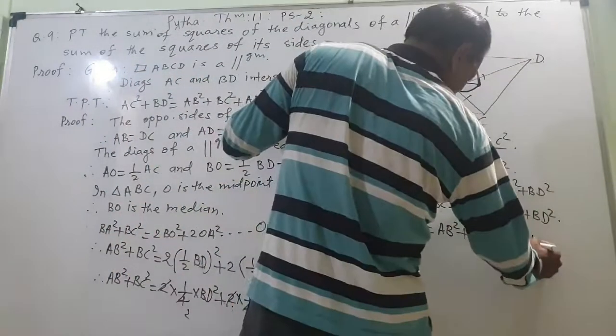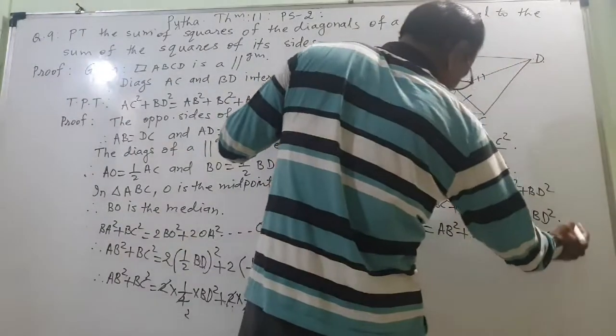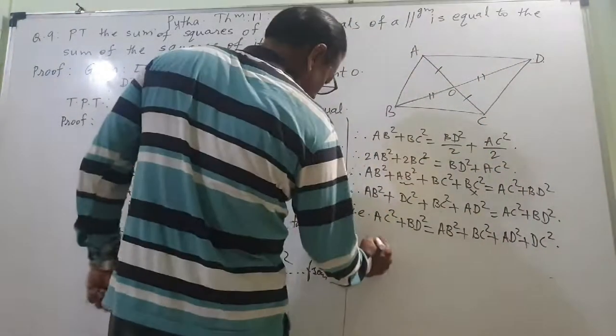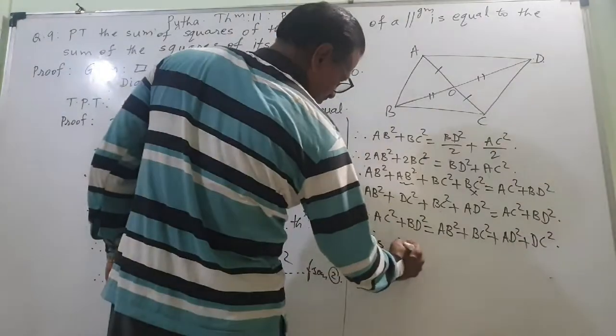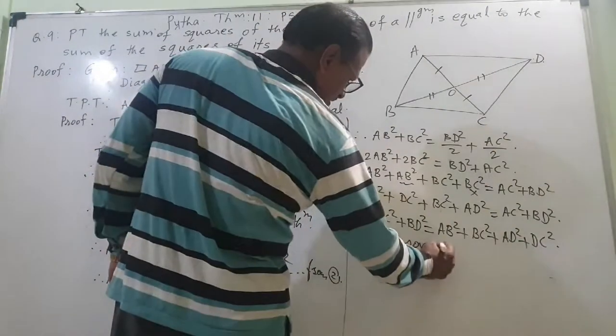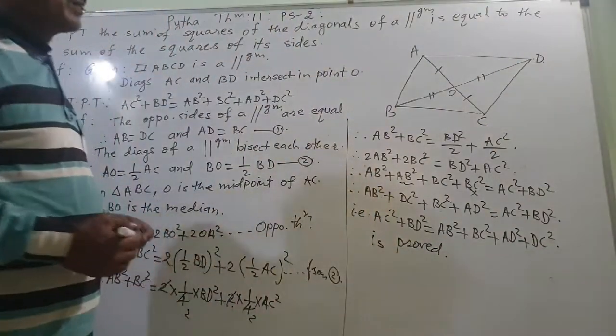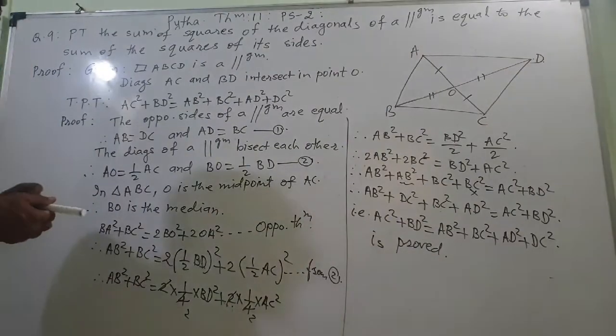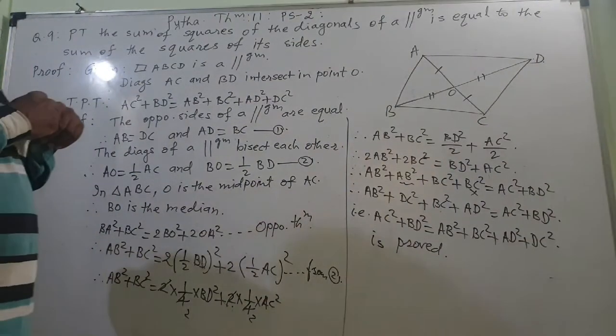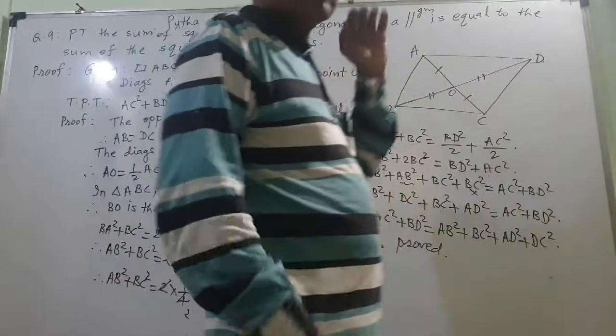They want it at last, so I have written this square, is proved. So this is a very simple theorem, means the proof, but it comes for the examination, that's why.